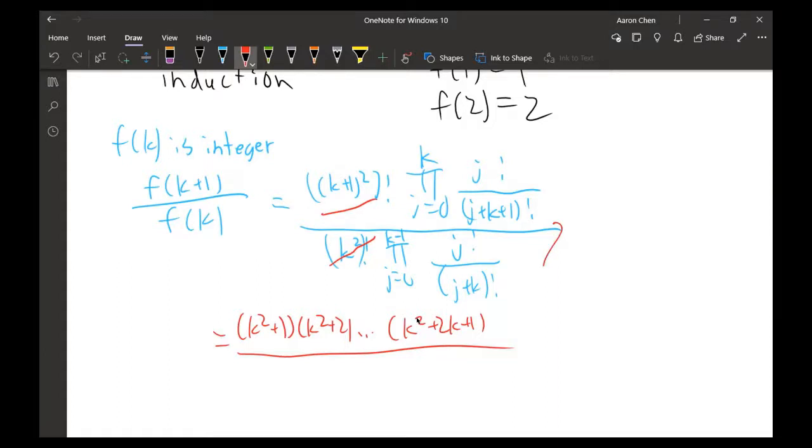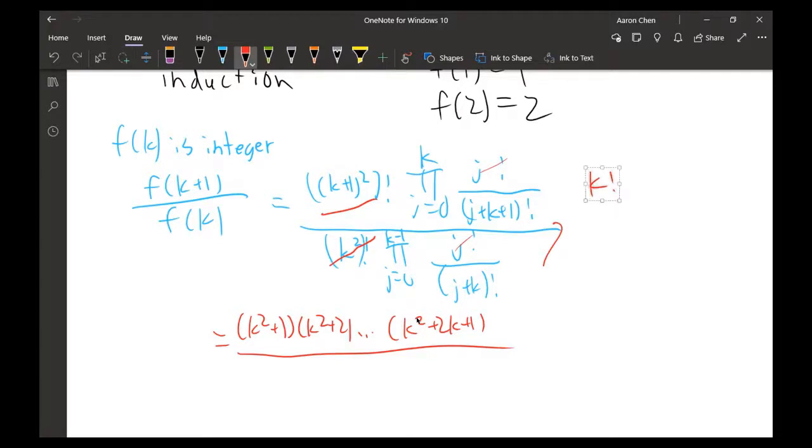Between these two, basically all the numerators get canceled out except for a final k factorial in the numerator. In the denominators, something similar happens.